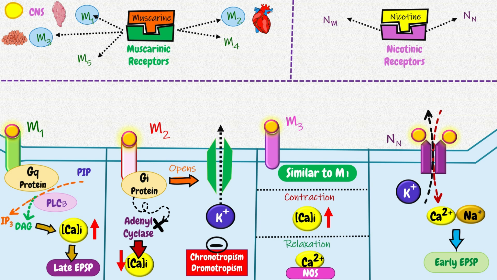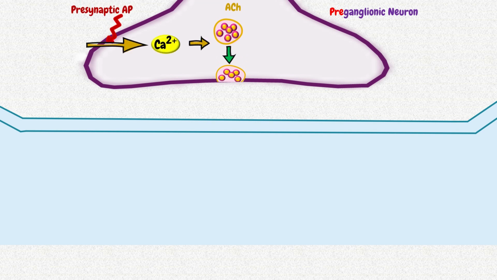Now let's understand the cholinergic transmission. This is the preganglionic neuron. This is the postganglionic neuron. As we have discussed, vesicles on presynaptic nerve terminals empty their contents into the synaptic cleft when the cytosolic calcium concentration rises in response to incoming action potentials.